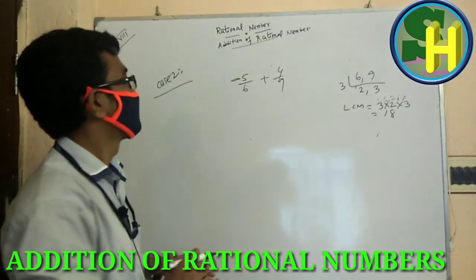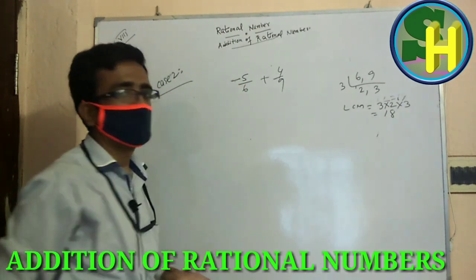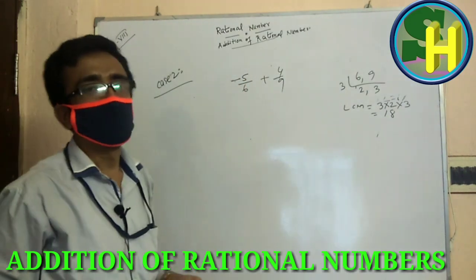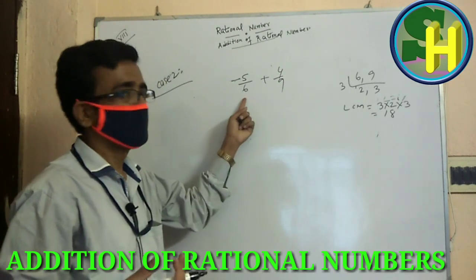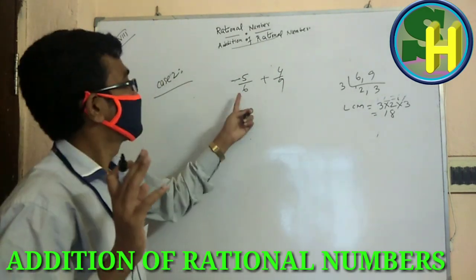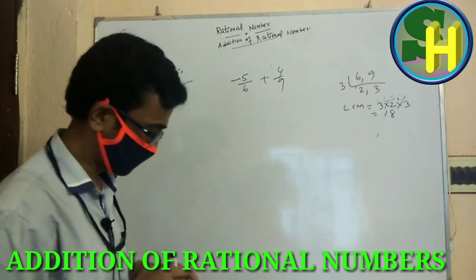This is the second process. In the second process, you have to make all the rational numbers have the same denominator. You have to make it.